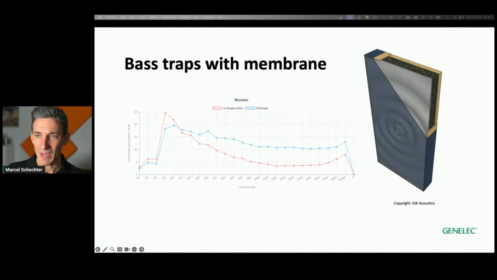Their bass trap with the membrane is very effective, of course, at the frequency it is tuned for, but it's less effective in the rest of the frequency range. So the blue curve shows the full range version. And as said, also a recommendation: as you know, for example, GLM makes it possible to easily reduce specific boosts, so go for full band. You get more out of it for the money compared to getting too specific.